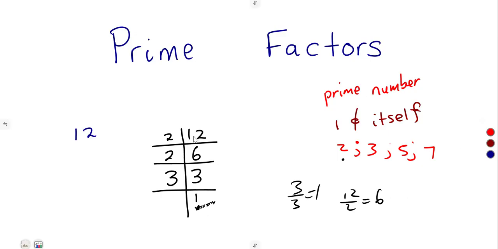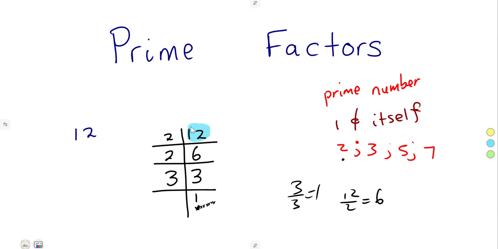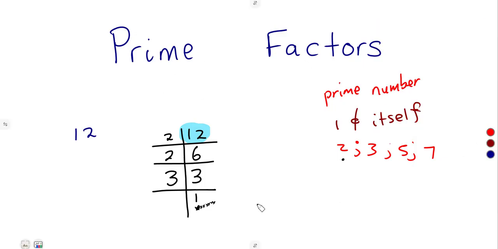This 12 has been expanded in prime factors. 12 can be written as these prime numbers that we have been using. The first one is 2 times 2 times 3.